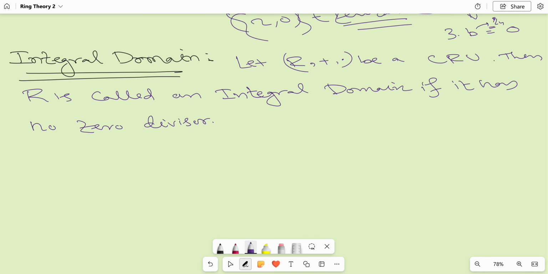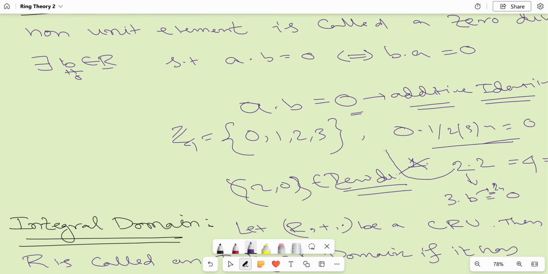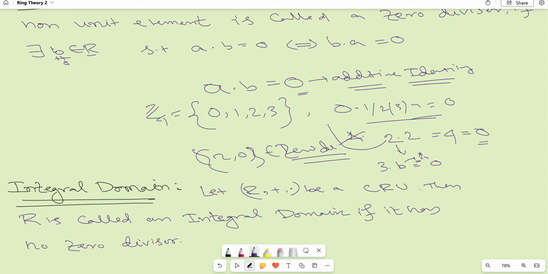I think there should not be any confusion about what I defined last. 0 is not included here as a zero divisor; for any element, 0 will satisfy this. If you take two non-zero elements and the product gives you 0, then we say that both elements are zero divisors.